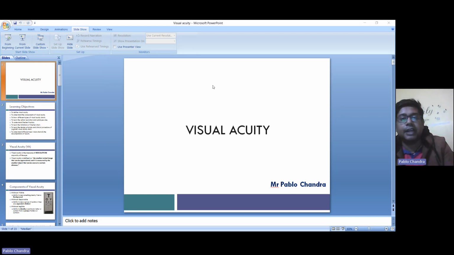So in a 5 letter line each letter is 0.02 logMAR. So the formula is 1.1 minus total count into 0.02, where the count is the total number of optotypes correctly identified. Suppose in one line, the patient has read 1.